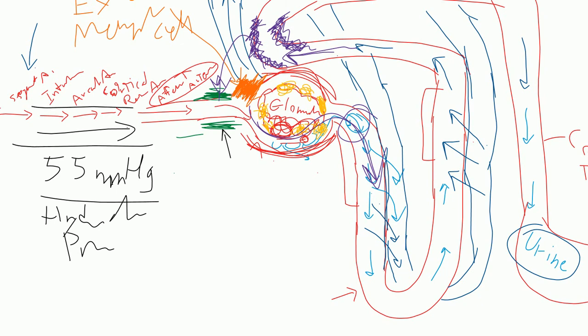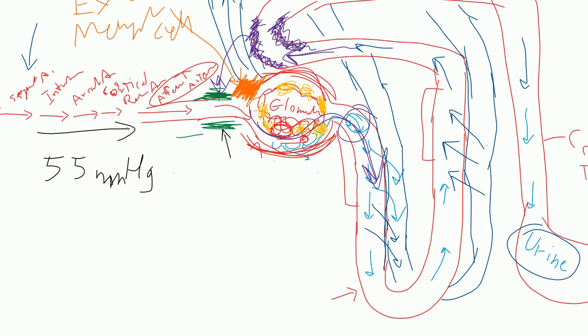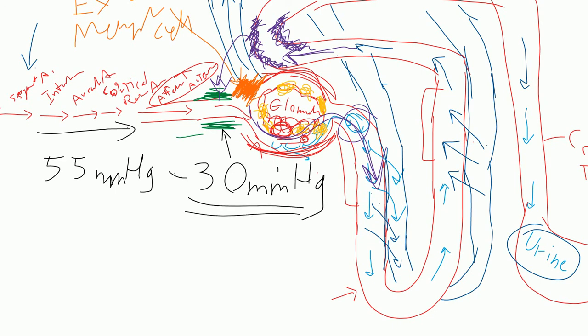But once it gets to the glomerular capsule and the glomerular capillary, now the capillary will have to fight with another pressure, the osmotic pressure, or the oncotic pressure, and that accounts for about 30 millimeters of mercury. And what is this 30 millimeters of mercury?